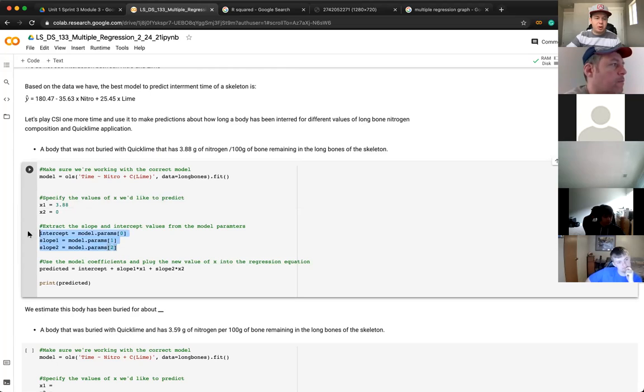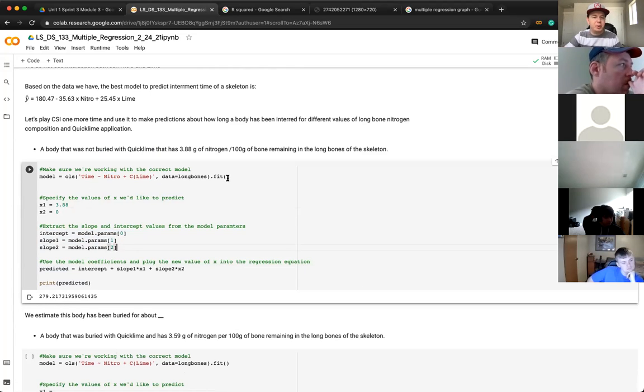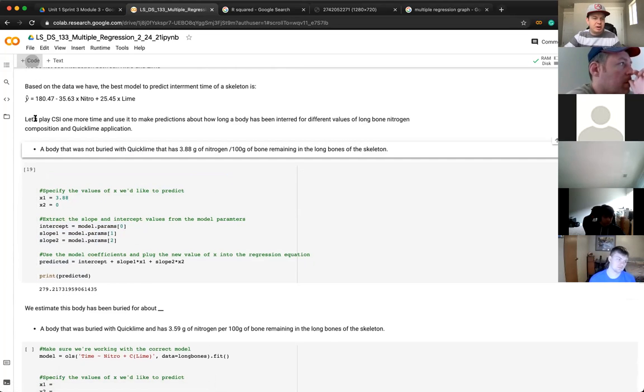We'll grab our model params. I think this should be in the right order. And then we'll generate our predicted value. So we estimate that this body has been buried for about... I'm actually going to double check the model params. Let's look at this. We'll do this in a different code cell.